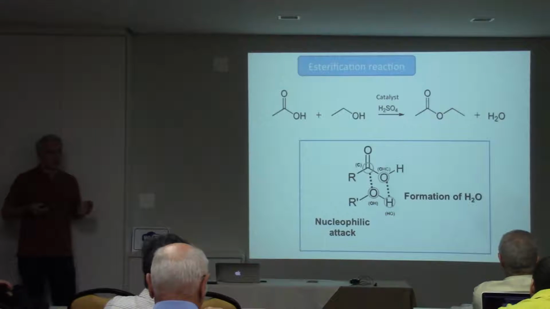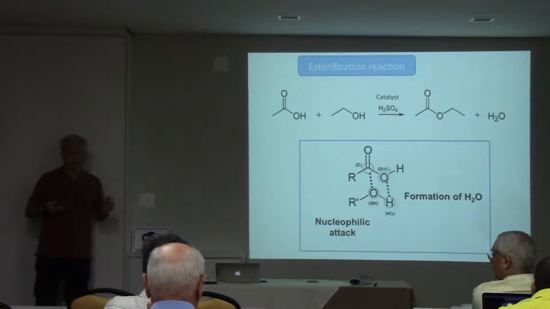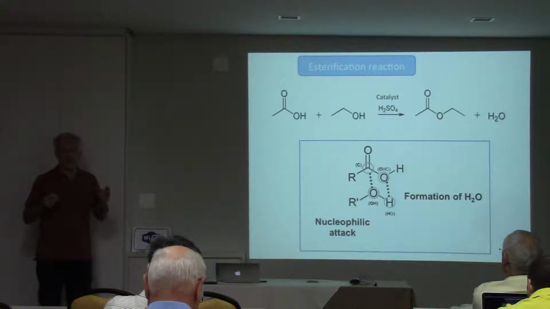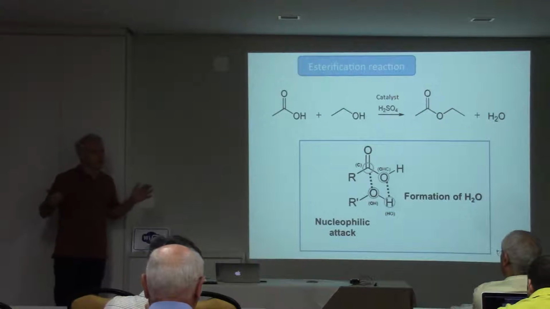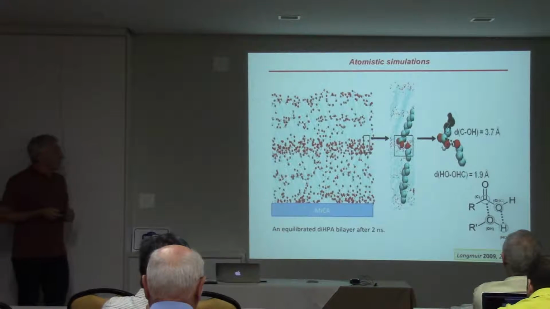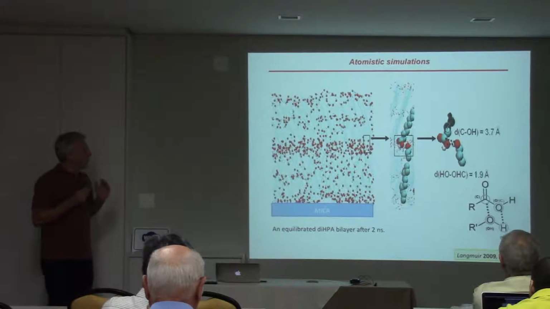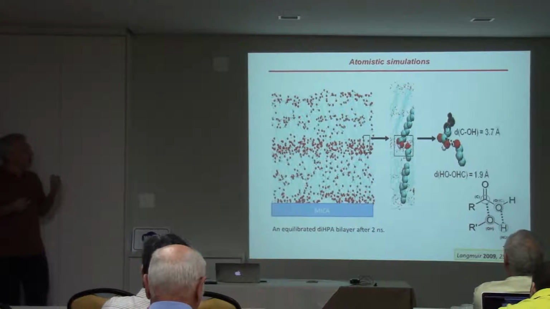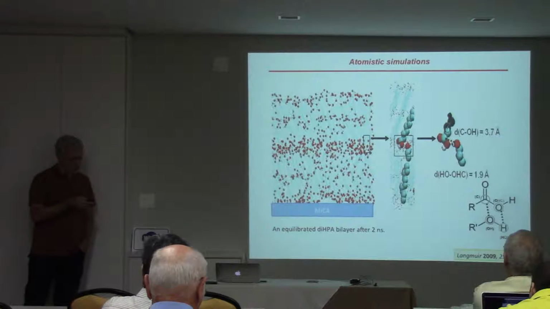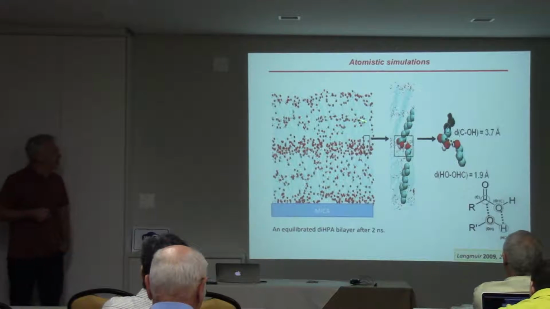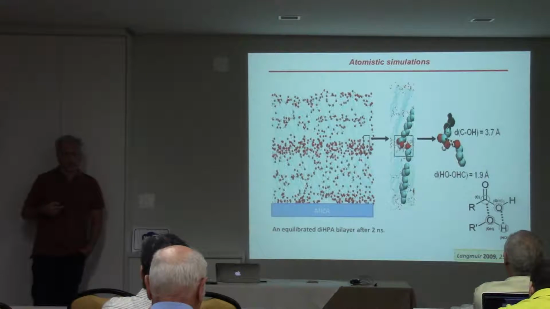But in nature, we don't have this. The fruit and the leaf form the polyester in mild conditions. How does it work? The simulation can help to understand the process. Why? We are using classical potentials, so we are not expecting to observe any chemical reaction.